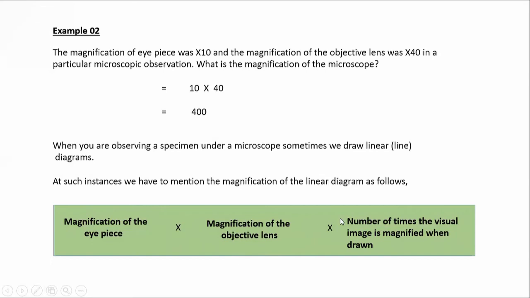Basically, when you observe anything, let it be a specimen or any other material, you need to roughly draw what you see through the microscope. This rough drawing is called the linear diagram. So when you draw a linear diagram, you have to make sure that you mention its magnification. This equation is how you mention the magnification of the linear diagram.